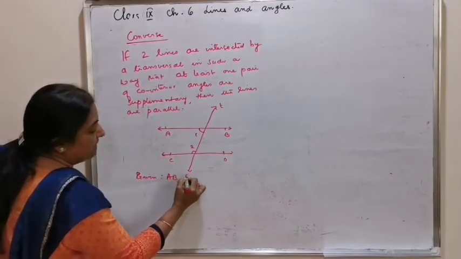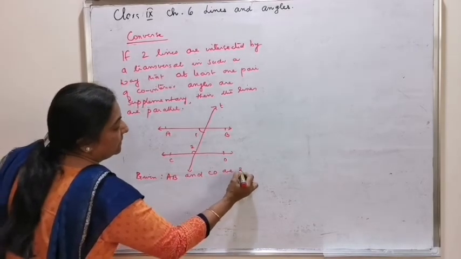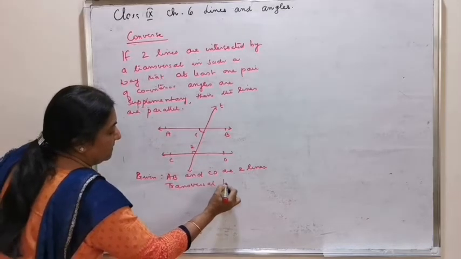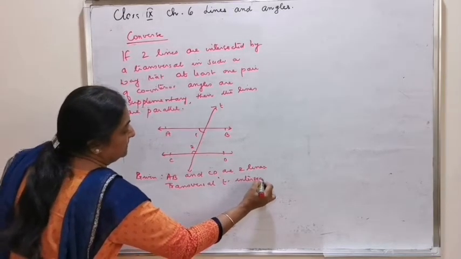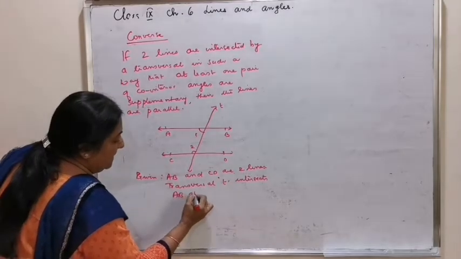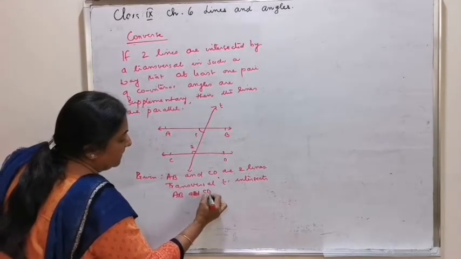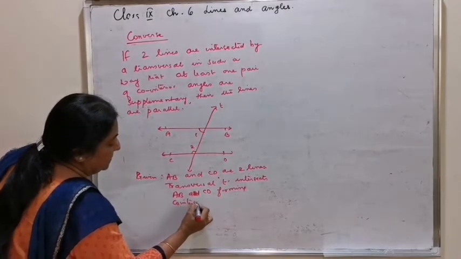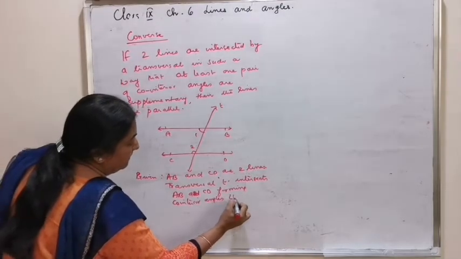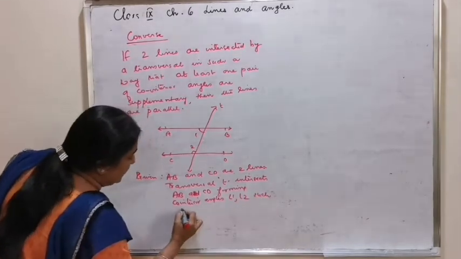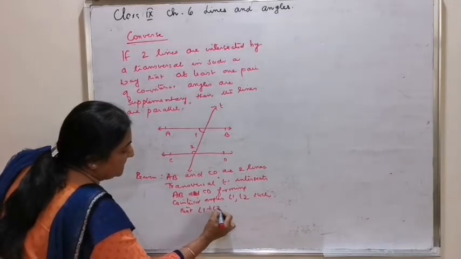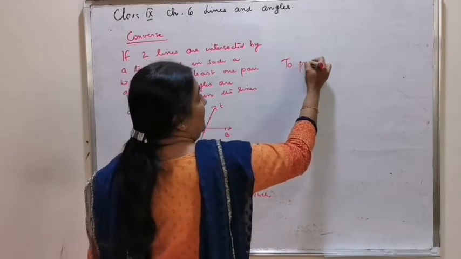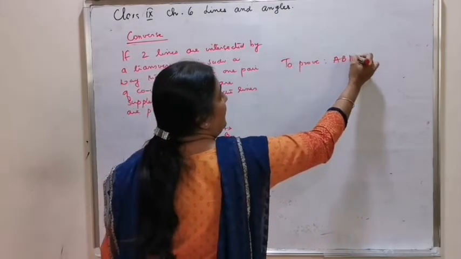Given AB and CD are two lines, transversal T intersects AB and CD, forming co-interior angles 1 and 2 such that, what is the condition? Angle 1 plus angle 2 is equal to 180 degrees, and what is to prove is the lines are parallel.